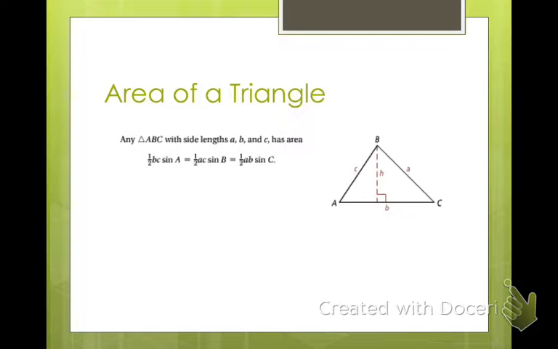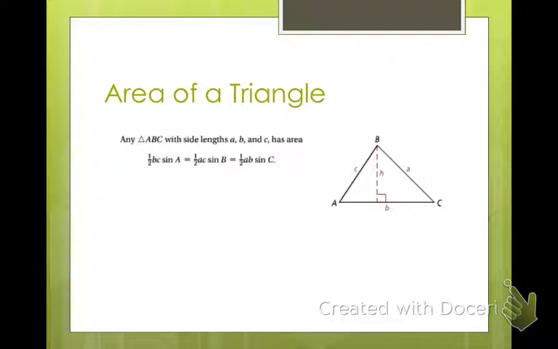Okay, so for review, to find the area of a triangle. Area of a triangle is 1/2 the base times the height, but you won't necessarily always know those values.